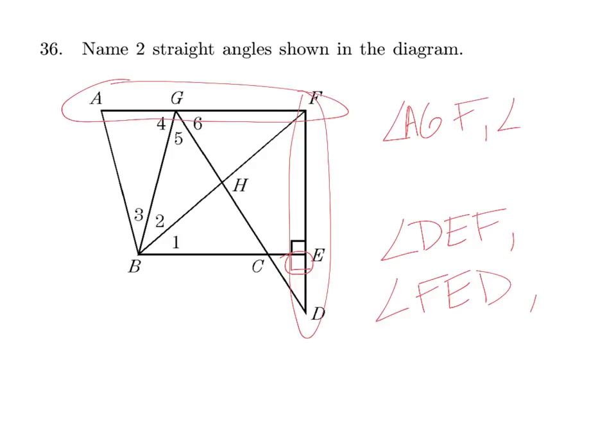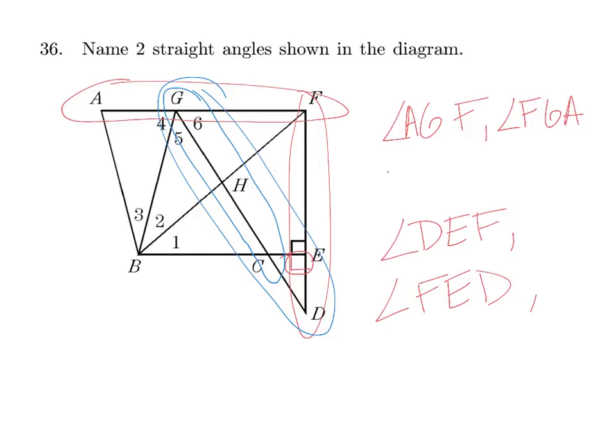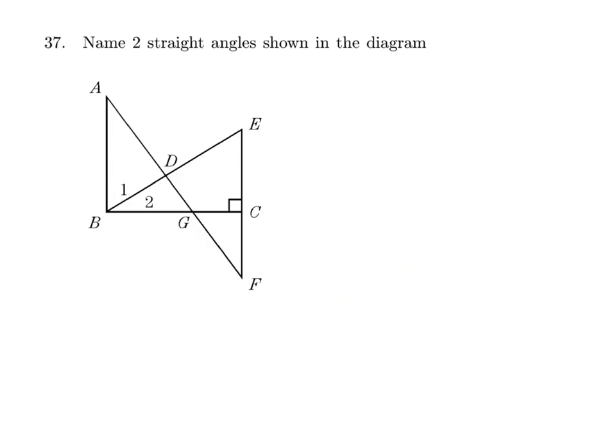You could also call it FGA. You could say that this is a straight angle here. You could use different points as well. There's a bunch of different ones you could choose. Name 2 straight angles shown in the diagram. Same deal here.